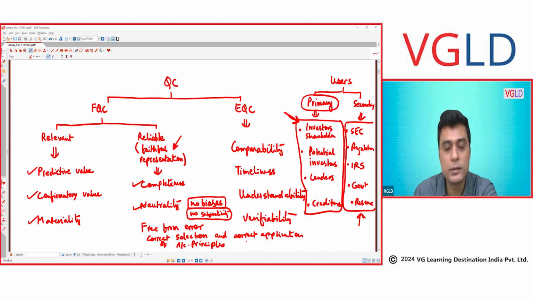Principles means methods. So whether I should apply LIFO or FIFO, whether I should apply the completed contract method or the percentage of completion method, that selection and application of the accounting principle has to be correct. Here, freedom from error is not arithmetical accuracy. Okay.